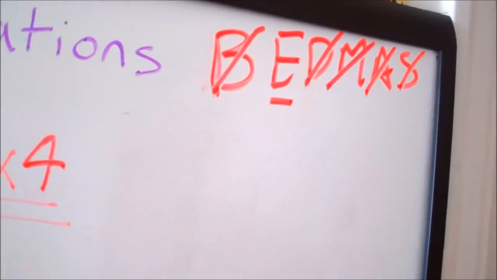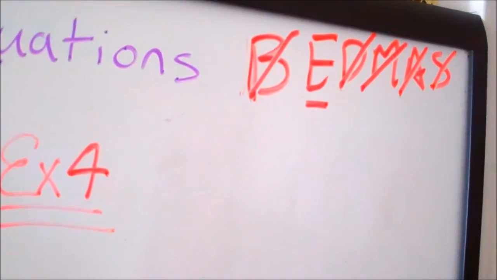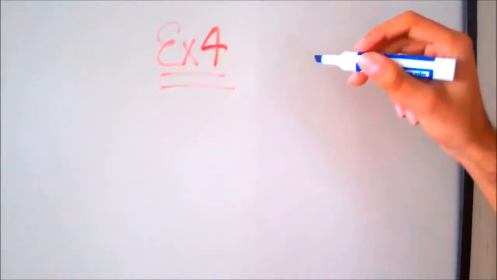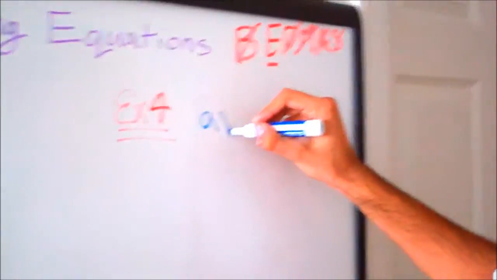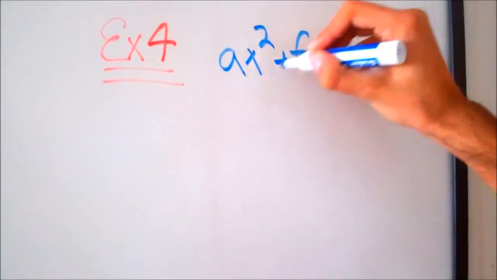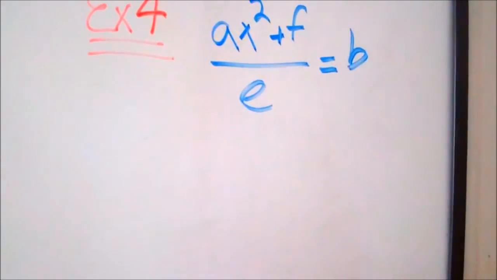All that we have left is exponents. So, how would you solve for exponents? Let's start off with the simple equation of ax squared plus f over e equals b.